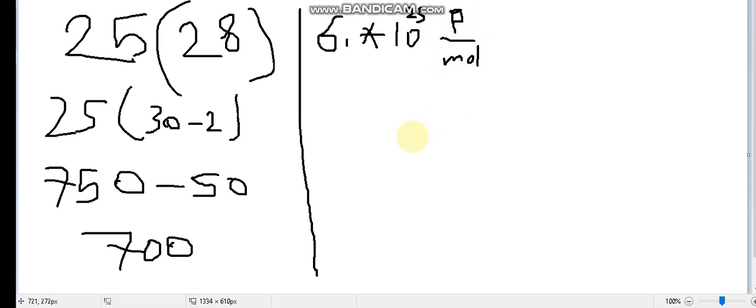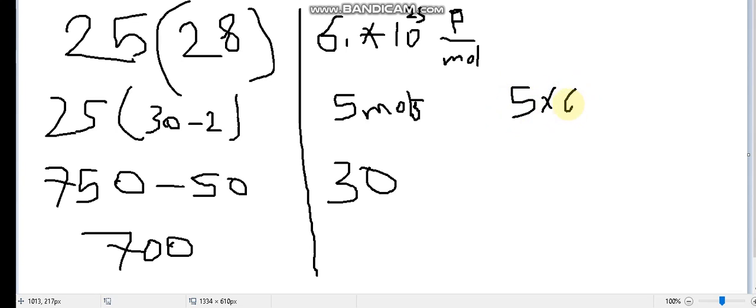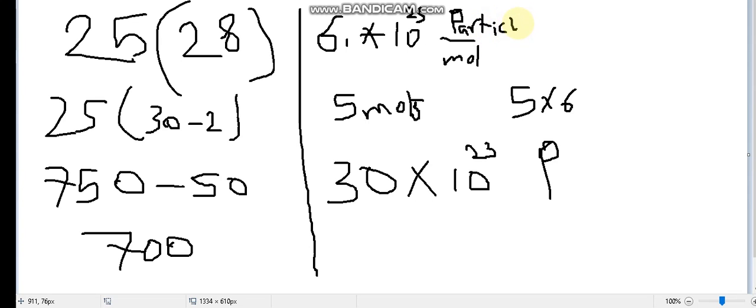Let's assume that he's telling you that there are 5 moles. Then it would be 30. This 30 is coming from 5 by 6, multiplied by 10 to the power 23 particles, and these might be atoms.